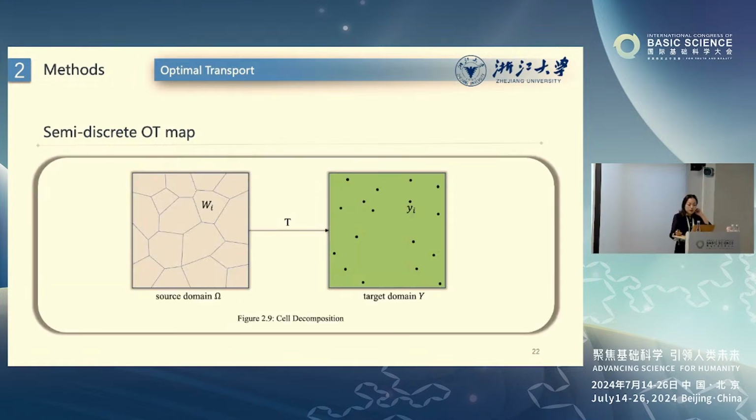So the figure part x in this wi, the wi in source domain is mapped to yi feature in the manifold.